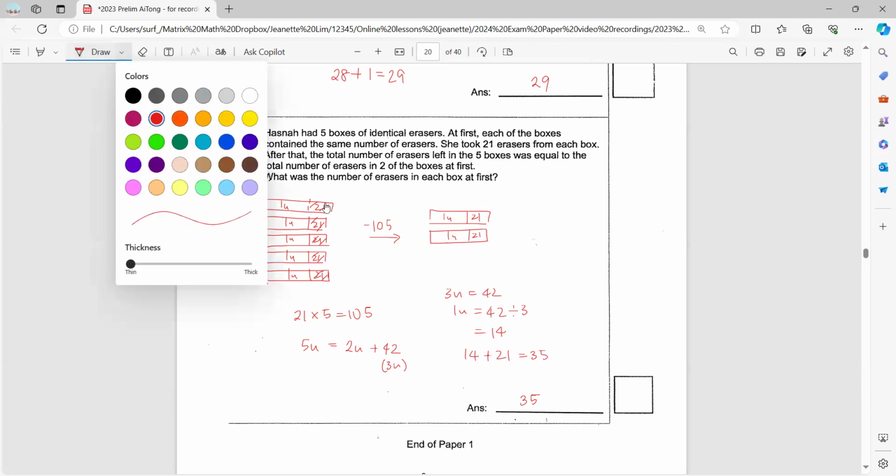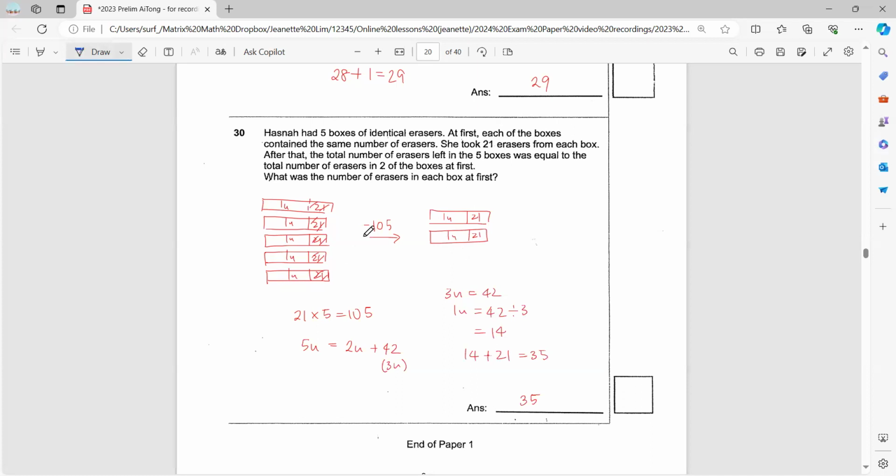Alternatively, the other way of reading this is, if you compare, there are actually 5 of 1 unit and 21. Here, there's actually 2 of 1 unit and 21. So this is actually 3 boxes. So this is equivalent to 3 boxes at first.